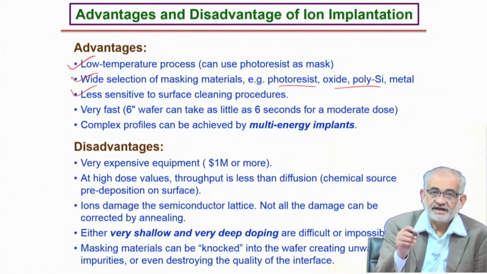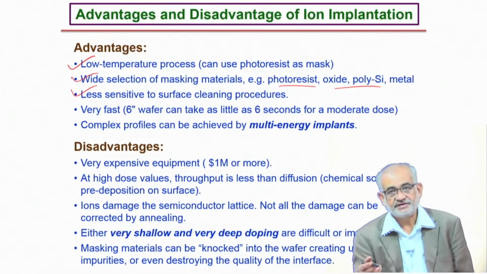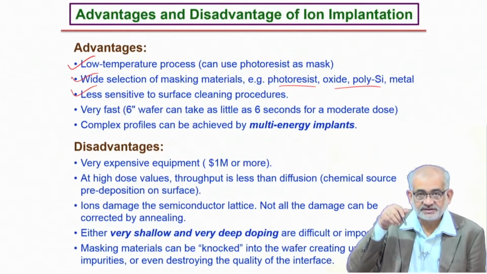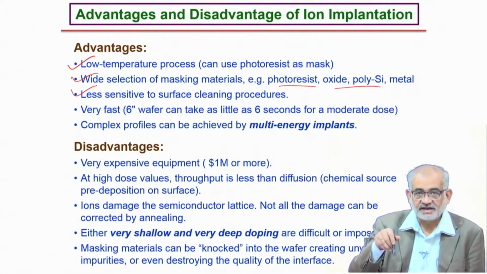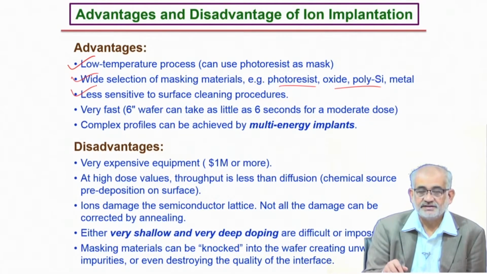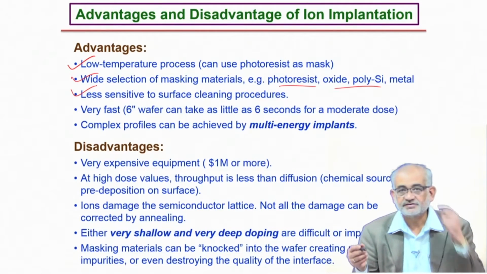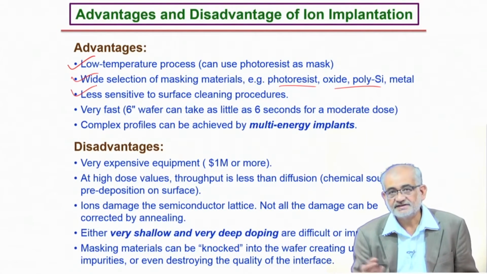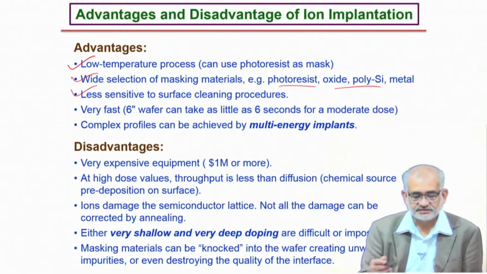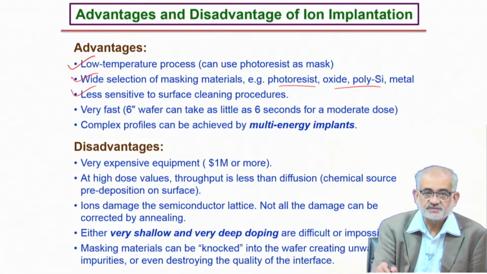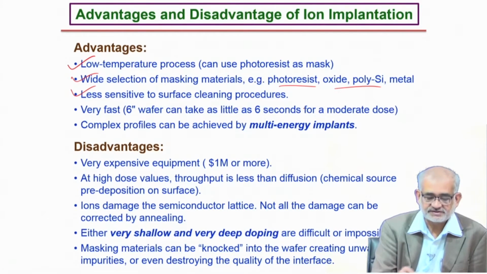So even if you have a few atomic layers of other impurities, still the incoming energy is large enough to penetrate or break that barrier and get inside. Whereas in case of a purely diffusion control process, if you have a very thin oxide layer or a grease layer, that prevents diffusion from occurring. So this process is actually sort of a self-cleaning process to some extent.